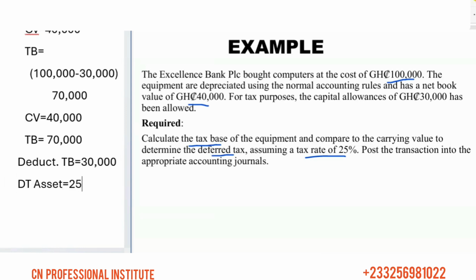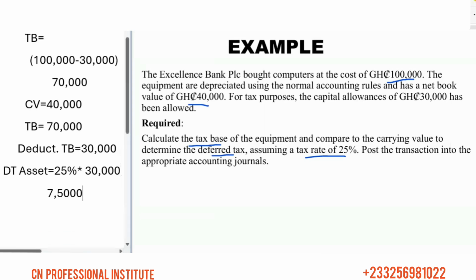So 25% times the 30,000. That will give us 25% of 30,000, which is 7,500.